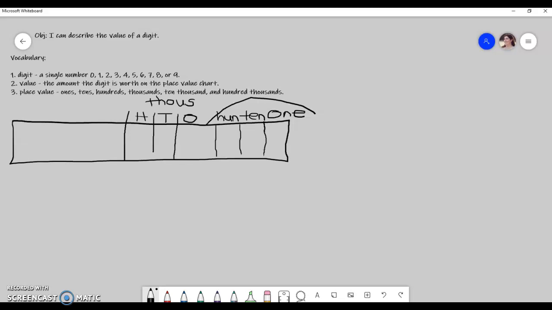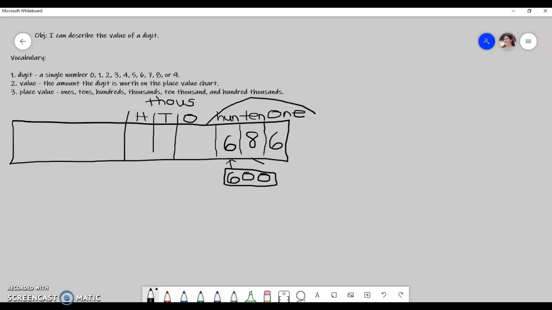So if we had a number, we could just put the number here in our place value chart, 686. So how many hundreds do I have? I have 6 hundreds. The value of that number is 600. I put 2 zeros in the place of these digits here, and that becomes the value of 600.